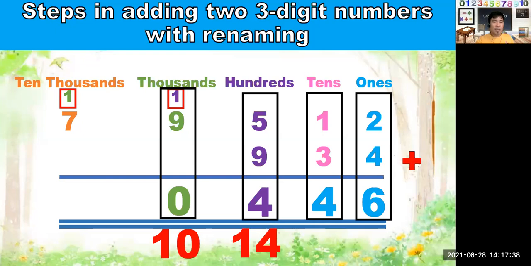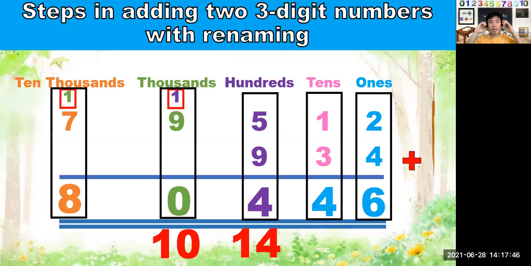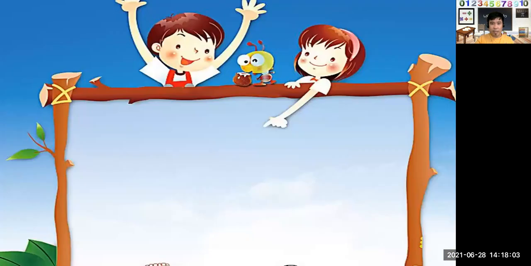So we will add 7 and 1. 1 ten thousand and 7 ten thousands is equal to 8 ten thousands. Don't forget to write the comma. It signifies the place value.